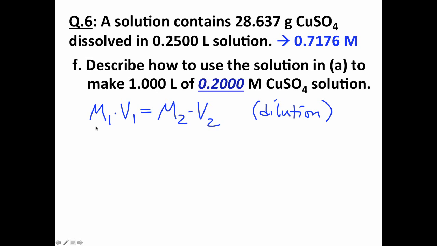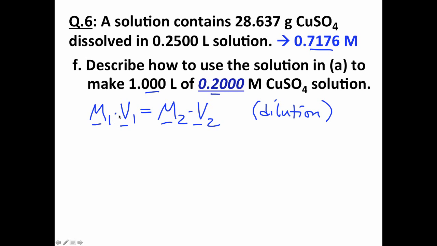And it tells us that the molarity times the volume of one of our solutions, let's say the solution that we would like to make, which is our 1 liter of 0.2 molar solution, is equal to the molarity times the volume of the other solution, which is, let's say, the more concentrated 0.7176 molar solution, which we know the molarity of, but we don't know the volume of.